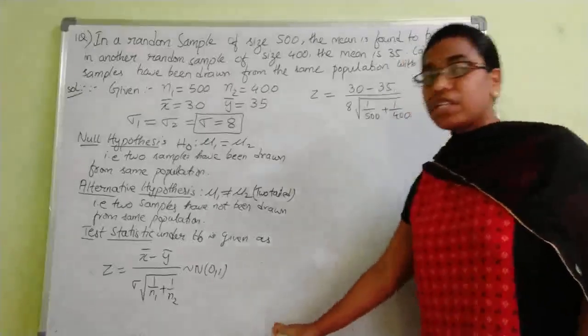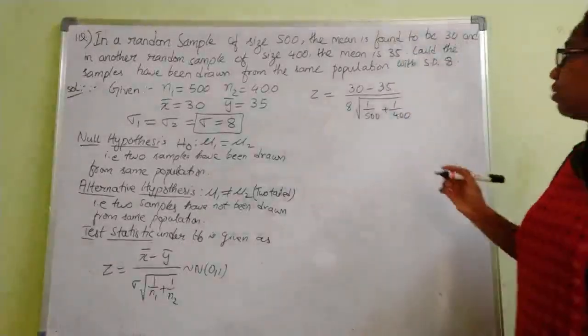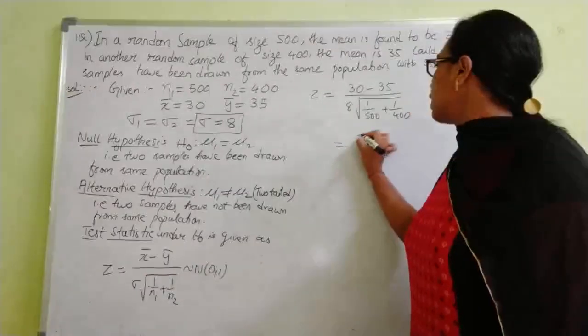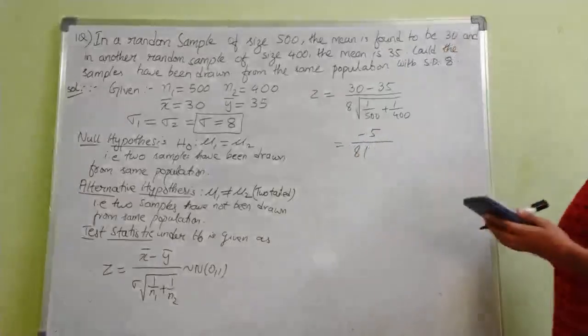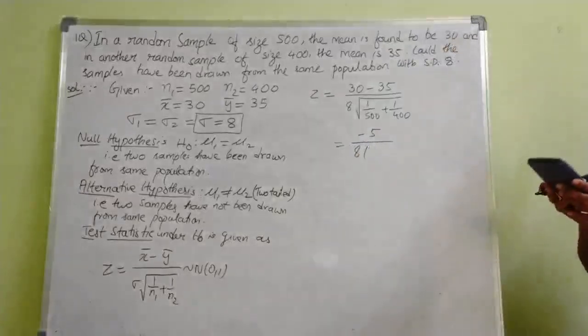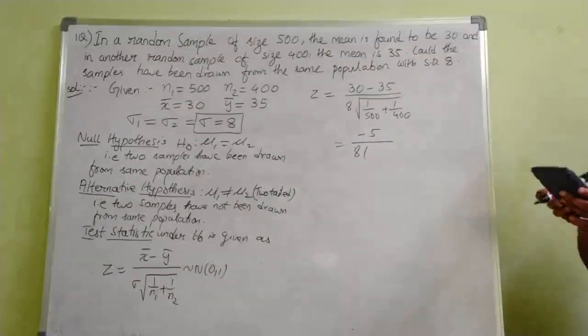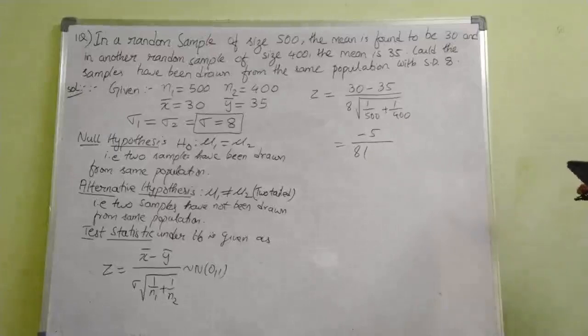Now simplify this. 30 minus 35 is minus 5, divided by 8 into square root of 1 by 500 plus 1 by 400.